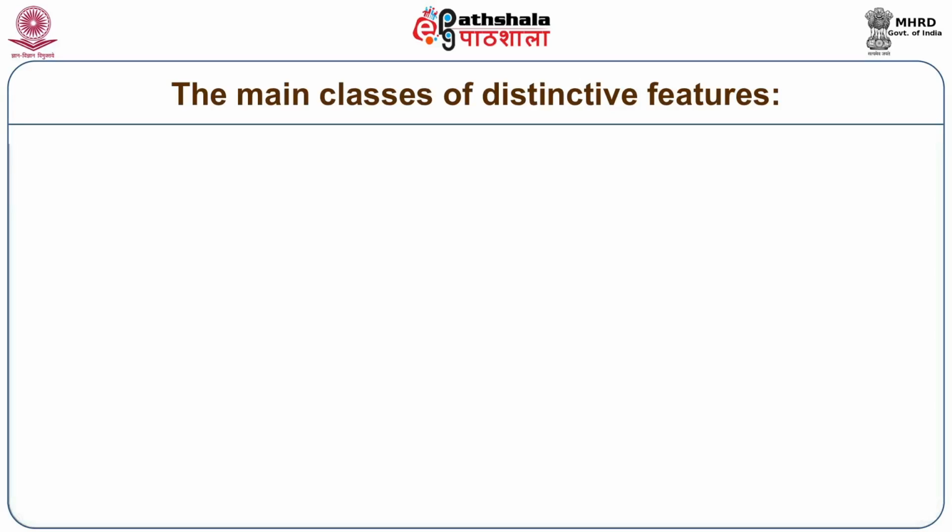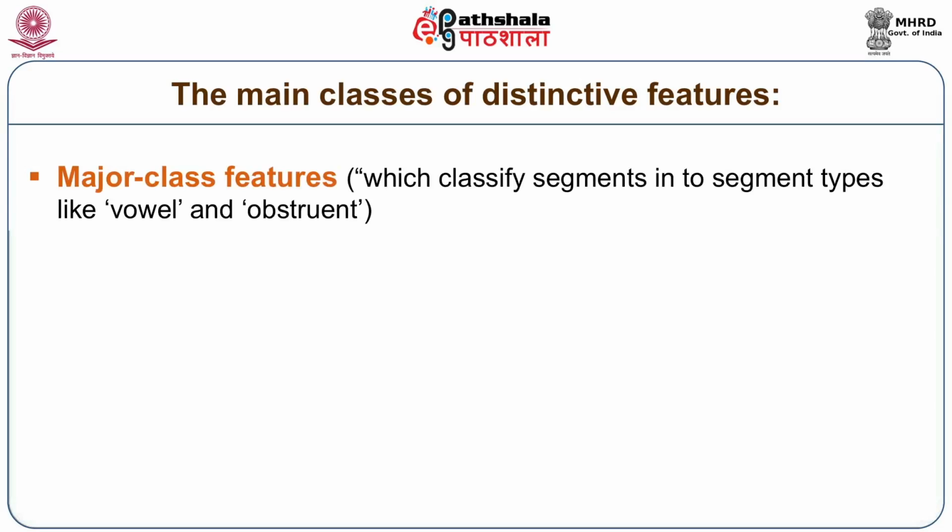There are 4 sets of distinctive features, namely major class features, laryngeal features, manner type features, and place features. The major class features give us the major classes of sounds, such as vowels, consonants, sonorants, approximants.